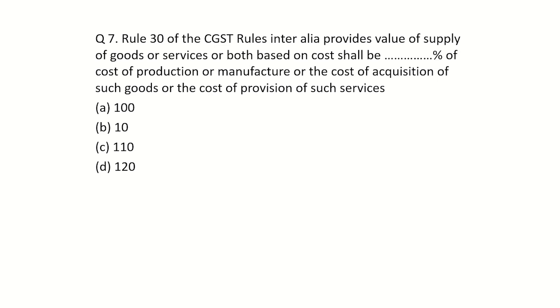If you read Rule 30, it says the value of supply of goods or services or both based on cost shall be equal to 110% of the cost of production or manufacture or the cost of acquisition of such goods or the cost of provision of such services. Hence, in this case, the answer is 110%.